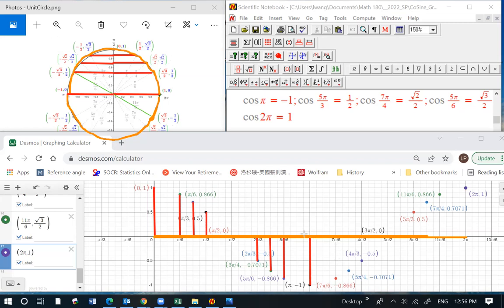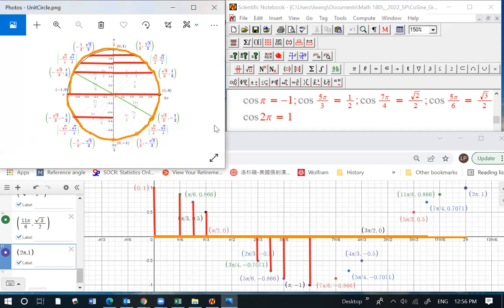The red for 7 pi over 6, which is negative root 3 over 2. So this is better, right? So the red bar for 5 pi over 6 is negative root 3 over 2, and this is going to be negative root 2 over 2, right?